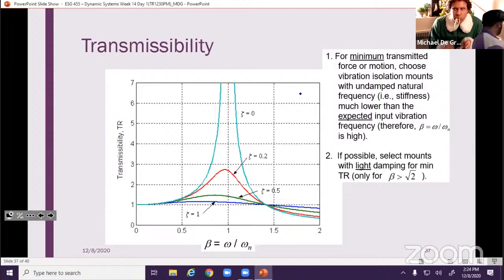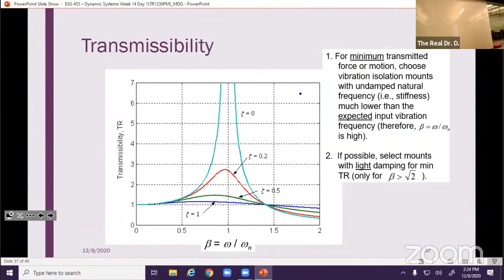So, if we want the minimum amount of transmitted force or displacement, we need to choose vibration isolation mounts with an undamped natural frequency that is much lower than the expected input vibration. Why? Because that drives beta up. The lower omega n is, the higher beta will be, right?